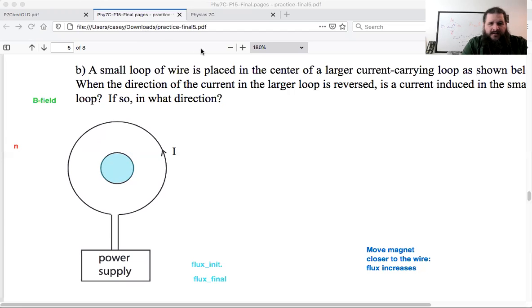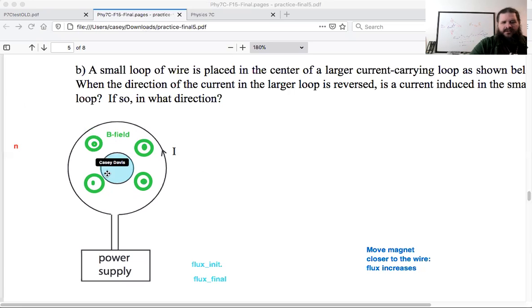Make a thicker line there. So this entire region inside the big loop has outwards magnetic field. And in particular, in the middle, it also has outwards magnetic field.